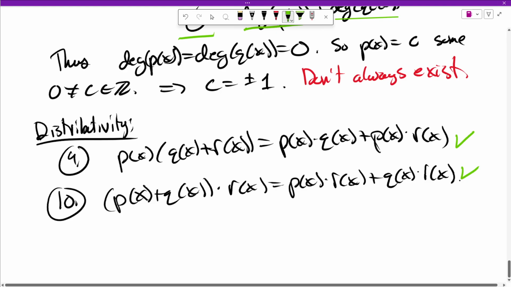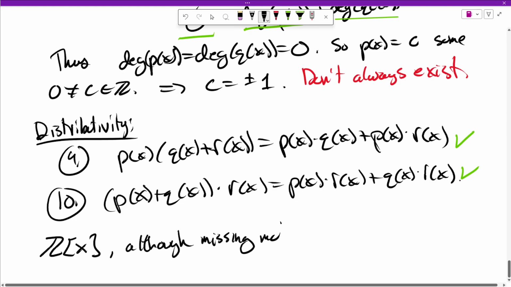And so what this is telling us is, although the only thing we failed to have is multiplicative inverses, we still have a linking between the addition and multiplication. So what you should take away from this is, first of all, we've explored some properties of Z adjoin x. And we saw that it is missing multiplicative inverses of non-zero elements.